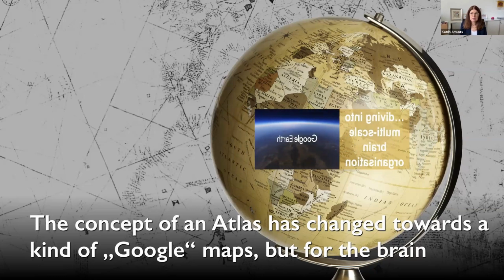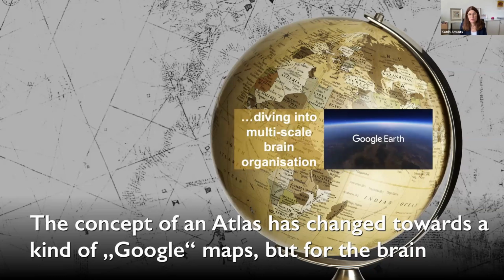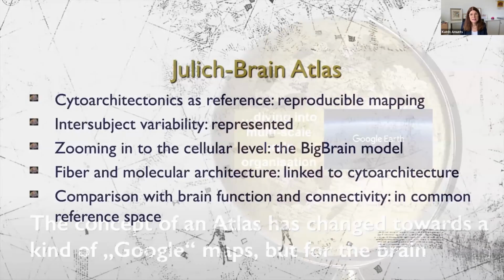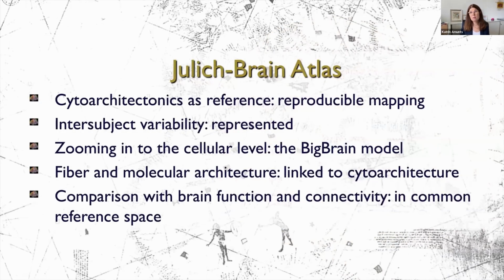So we think of something like Google Maps, but for the brain. But still, we are building our atlas concept of the Julich-Brain atlas on some principles that are very old. So we start from the cytoarchitecture because we feel this is really a very strong and reliable and also very popular reference for mapping.